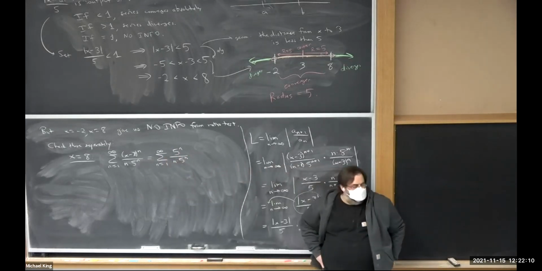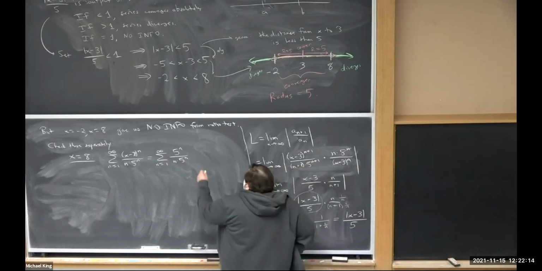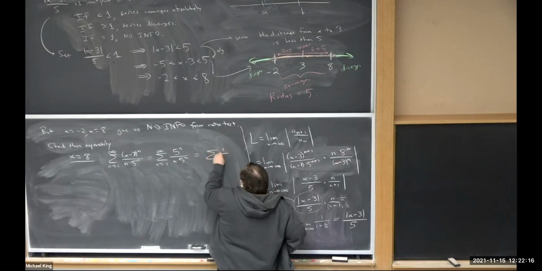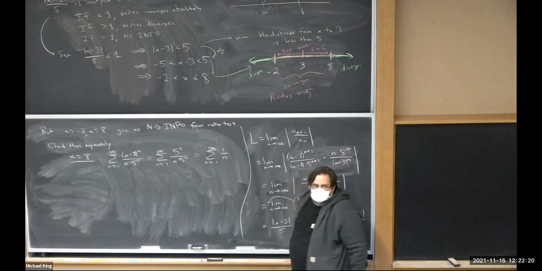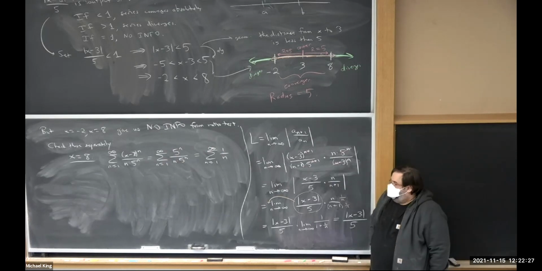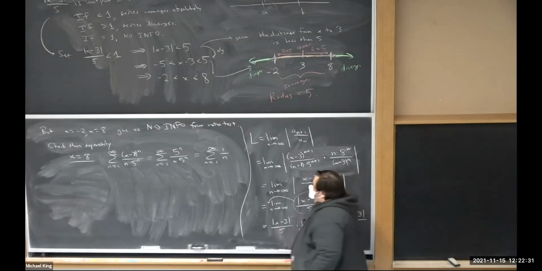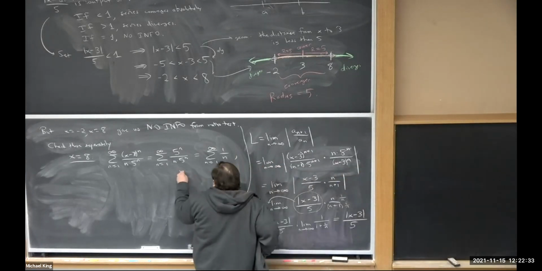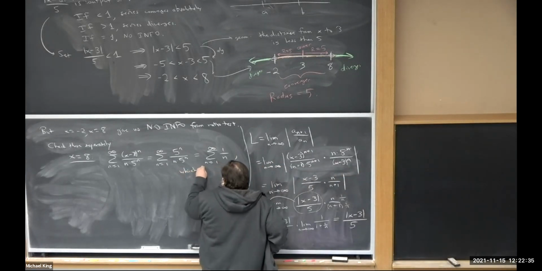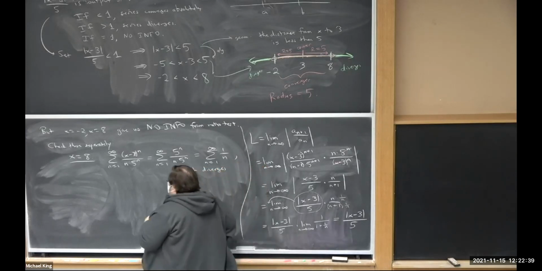That gives you exactly something that cancels what's on the bottom. And so that's just the sum of 1 over n, which is a familiar series. What does this series do? Diverges, right? So this does not converge at x equals 8.